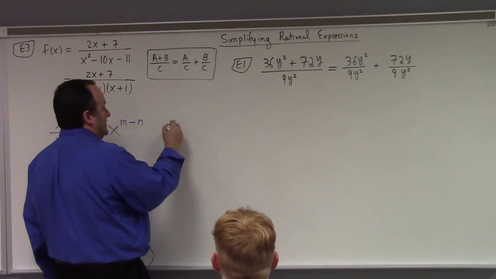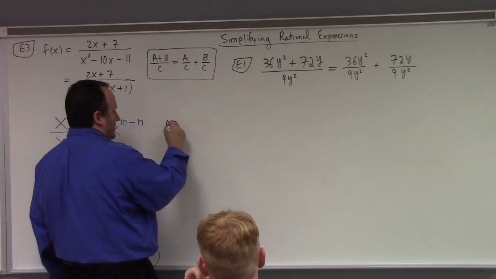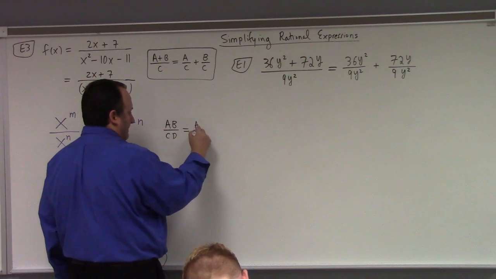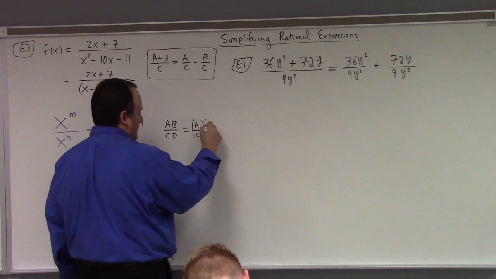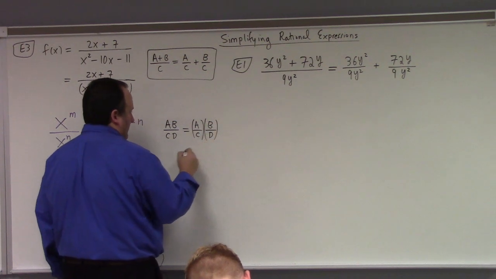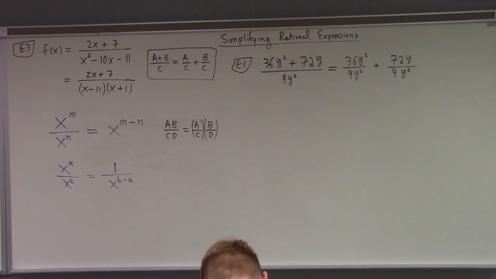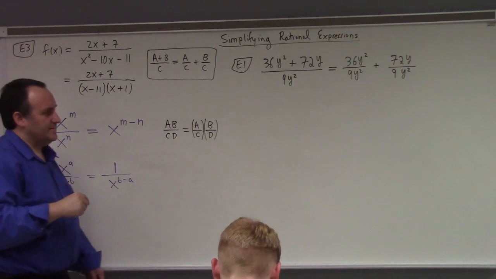The other thing to keep in mind, guys, is if I have AB over CD, guess what? That's equal to A over C times B over D. So we can think about a fraction of two products as the product of the two fractions. But what that really logically means is you can cancel as appropriate.